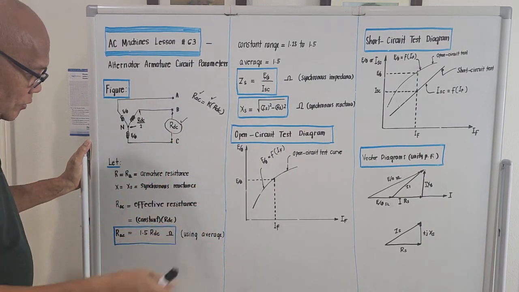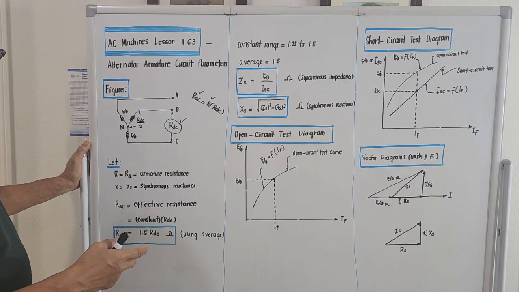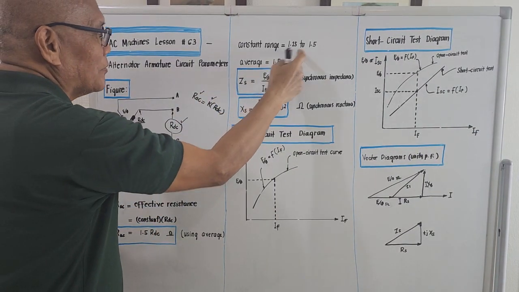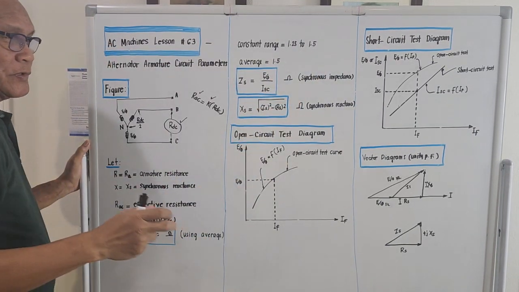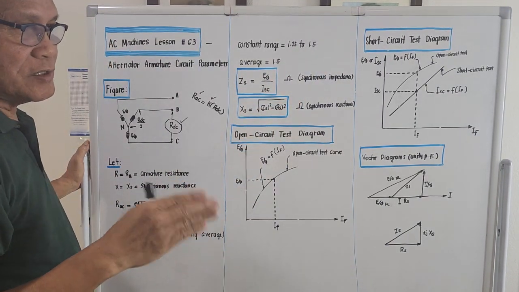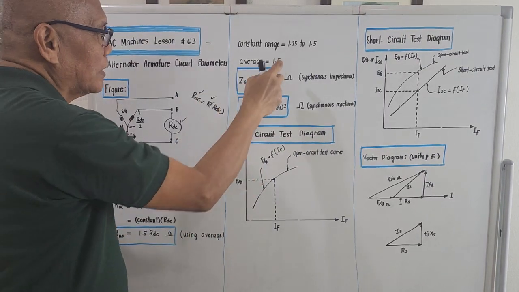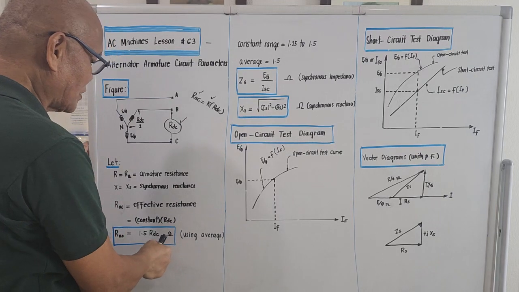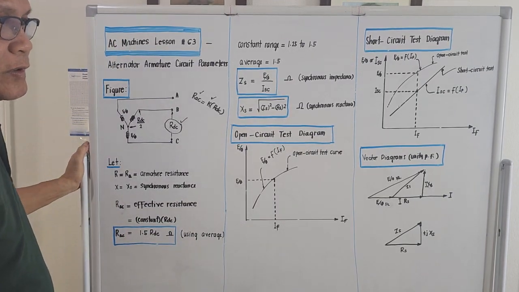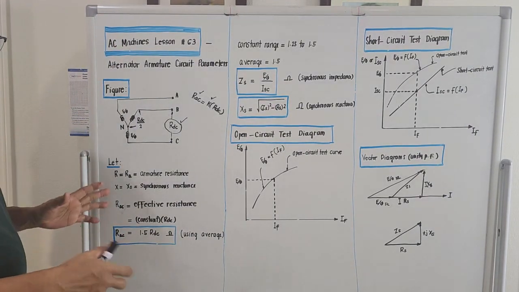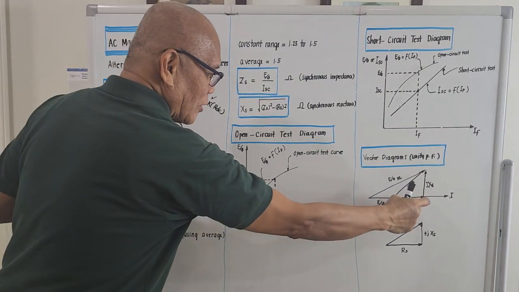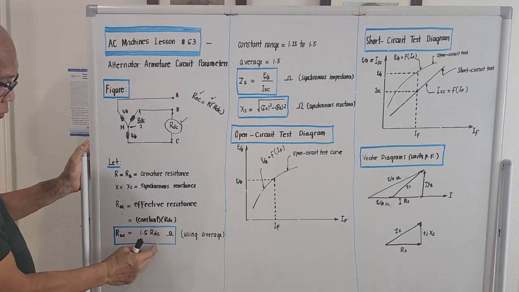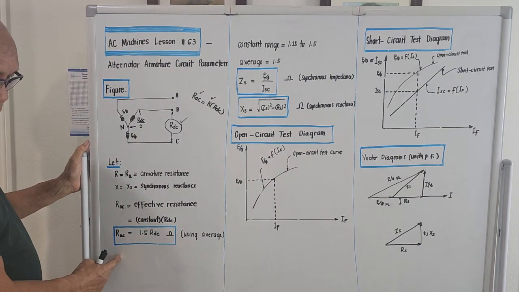And for alternators, the value of K ranges from 1.25 to 1.5, meaning the AC resistance is greater by a factor of 1.25 to 1.5 compared to the DC resistance. So on the safe side, if we compute for this voltage drop in the computation of the voltage regulation, we will be using this formula here for the resistance.